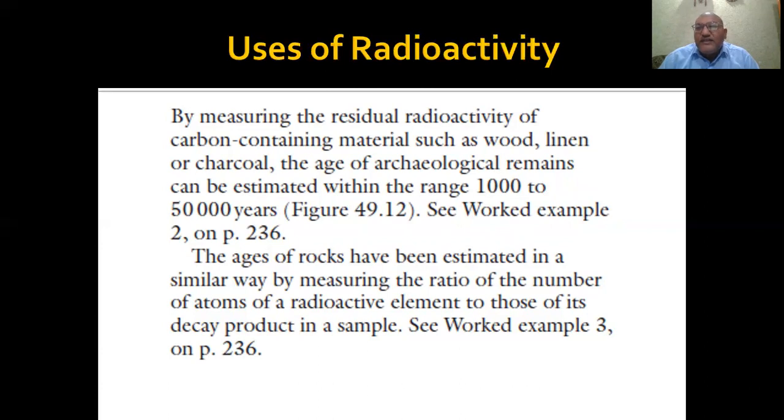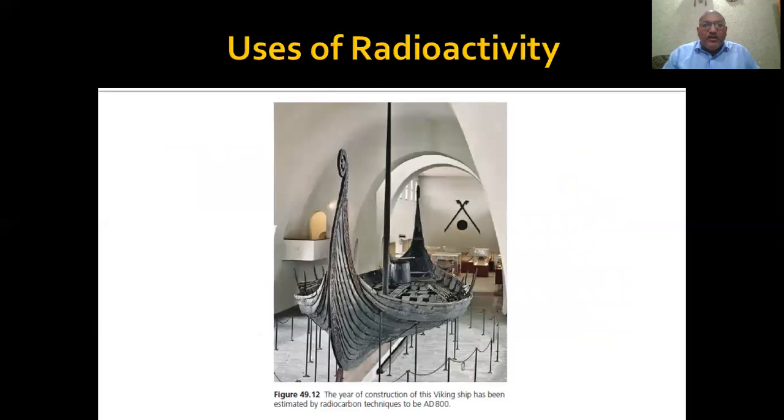By observing their amount and how much they have decayed, and by knowing the half-life of the radioactive isotope, we can tell the age of a sample of a rock also. So here we have the year of construction of this Viking ship, which has been estimated by the radiocarbon technique to be 800 AD.